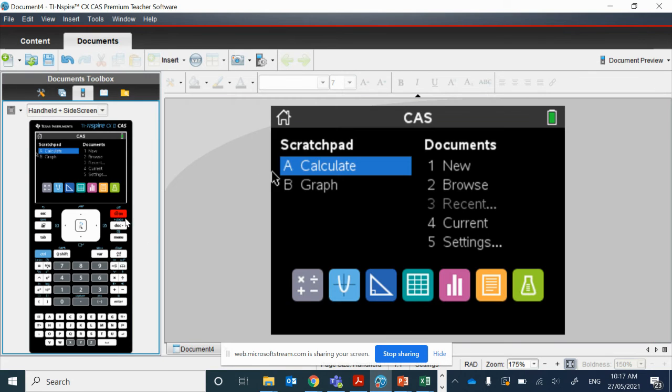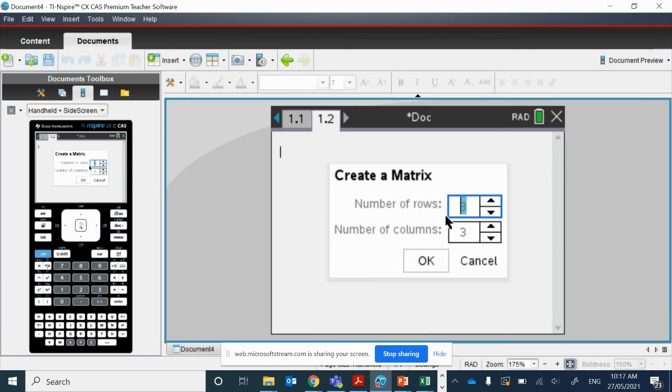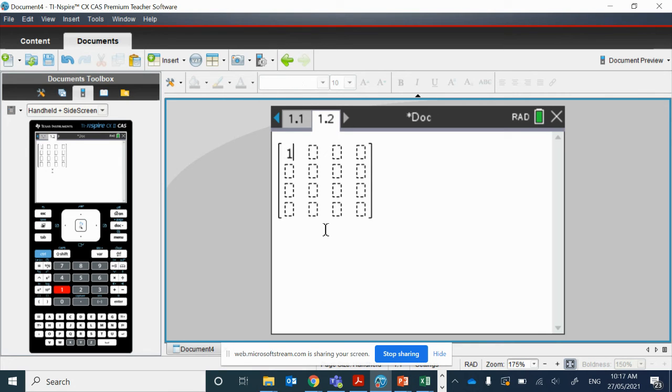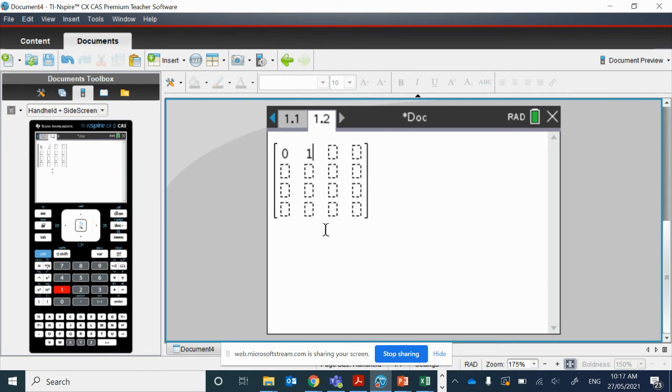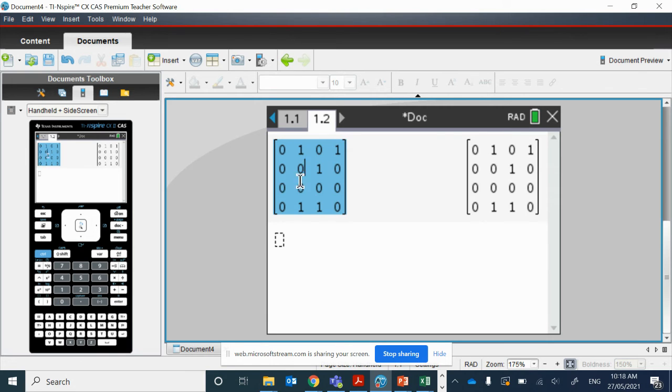We want a 4x4, so we go 4, tab 4, and we put all our things in: 0, 1, 0, 1, 0, 0, 1, 0, 0, 0, 0, 0, and then 0, oops, 1, 1, 0. Okay, that's our one step.